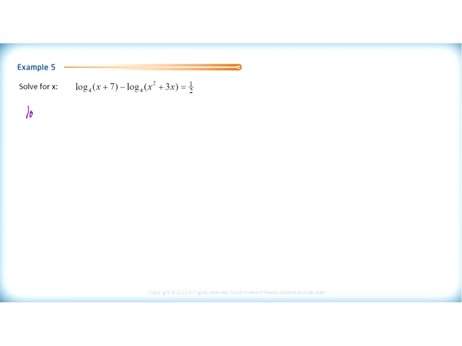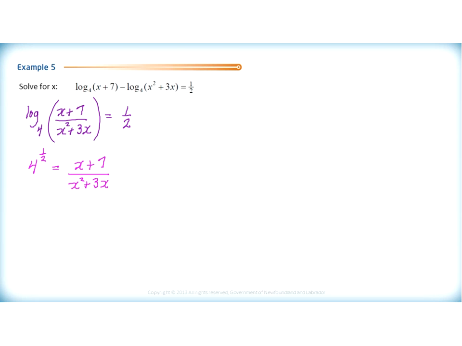So we can rewrite that as a log of a quotient, namely x plus 7 divided by x squared plus 3x, and that's all to the base of 4 is equal to 1/2. Now we need to convert to exponential form. So then we have 4 raised to the power of 1/2 is equal to x plus 7 divided by x squared plus 3x.